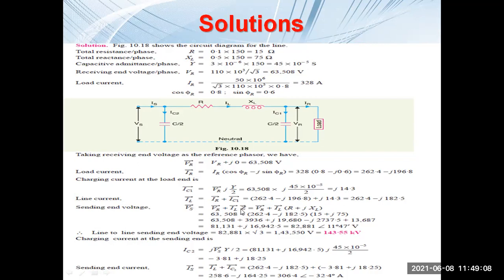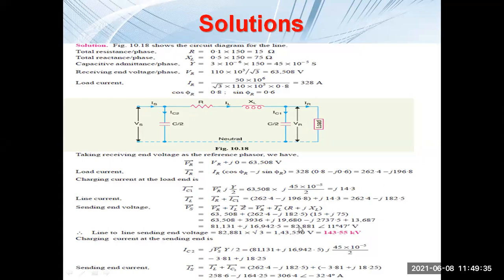Then VS equals VR plus IL into Z. VR, we know that VR is 63,608, and IL you have calculated, this is the IL value. And Z is given, that is 15 plus J75, resistance plus the reactance. So from this you get the value of VS, with angle.